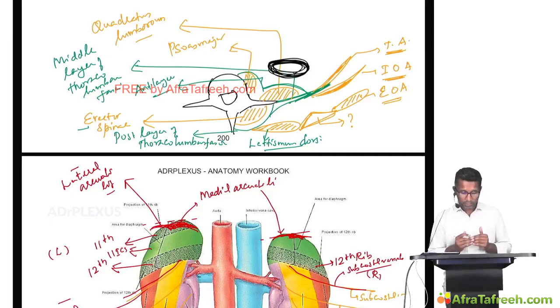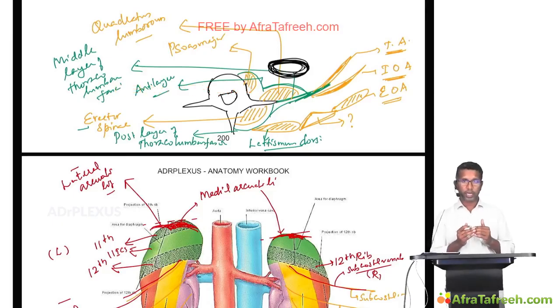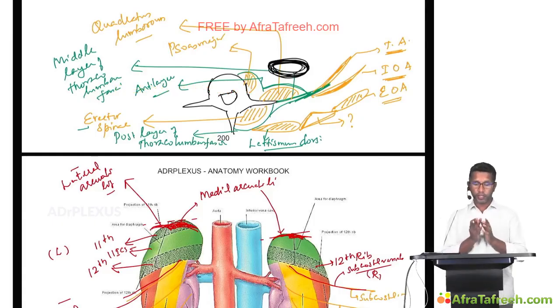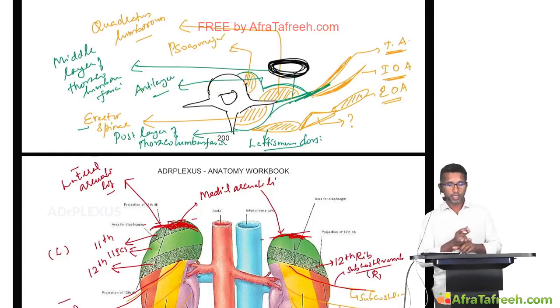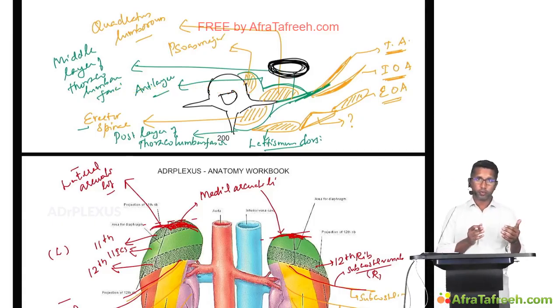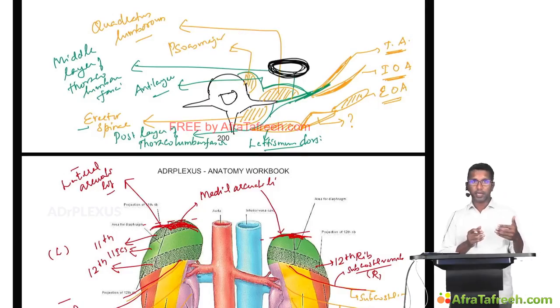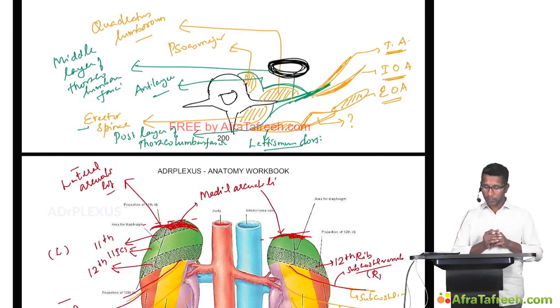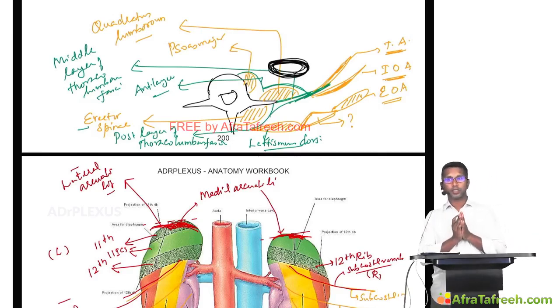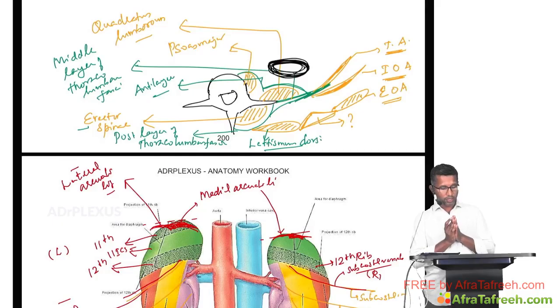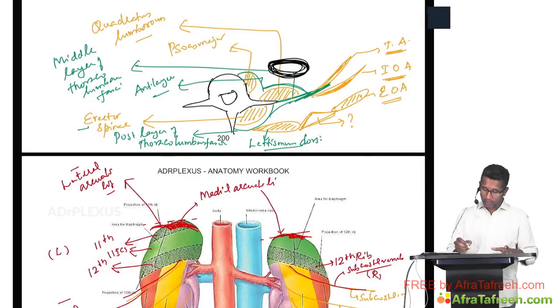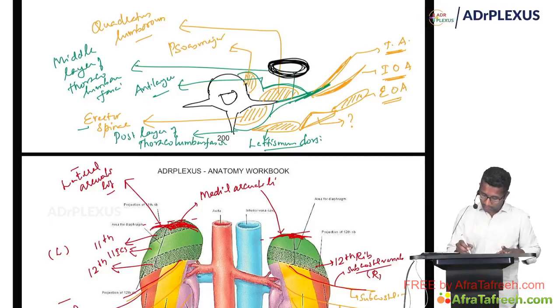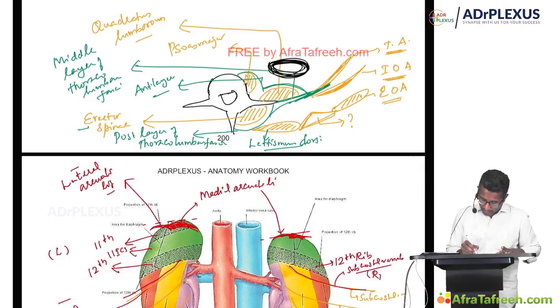So when you approach the kidney from the posterior aspect through the renal angle, you need to cut all these layers. You need to cut latissimus dorsi, erector spinae, and the posterior, middle and anterior layers of thoracolumbar fascia. You need to retract or cut the quadratus lumborum to reach the kidney. When you see the kidney closely, the kidney is lined by a capsule.